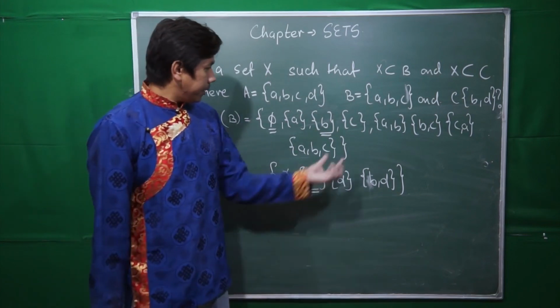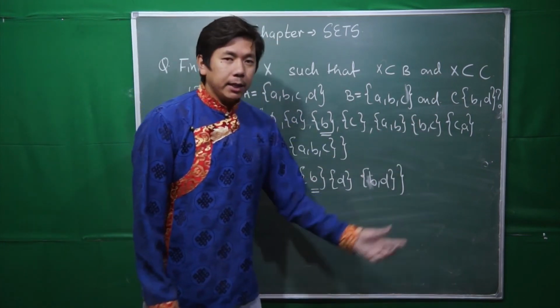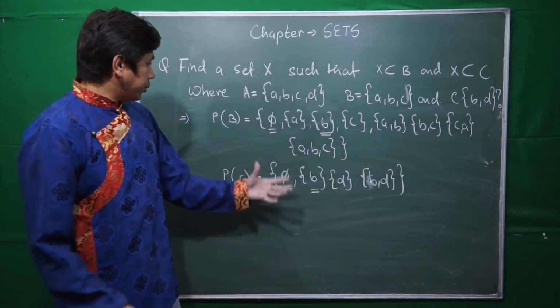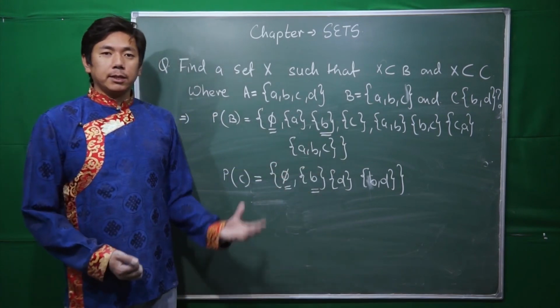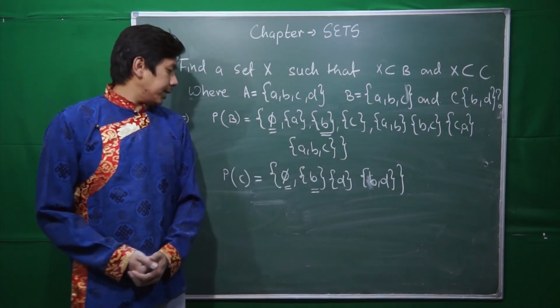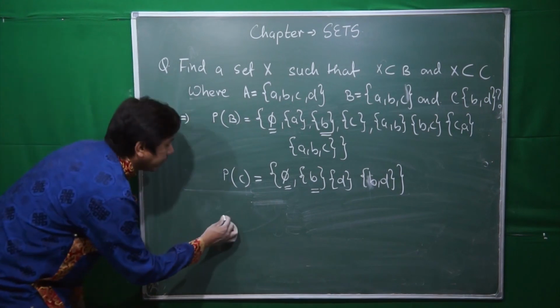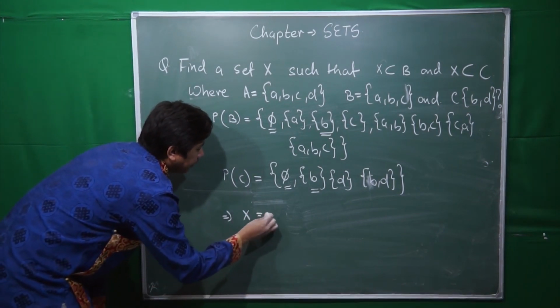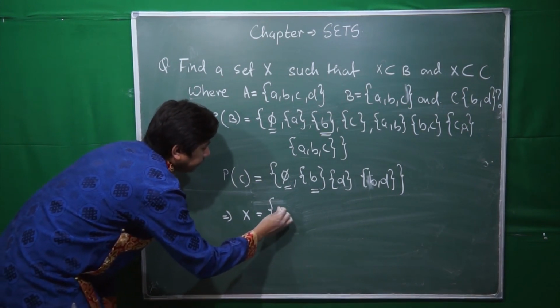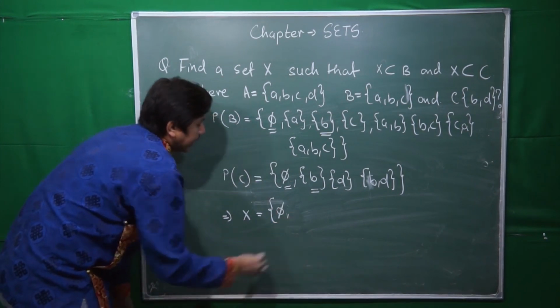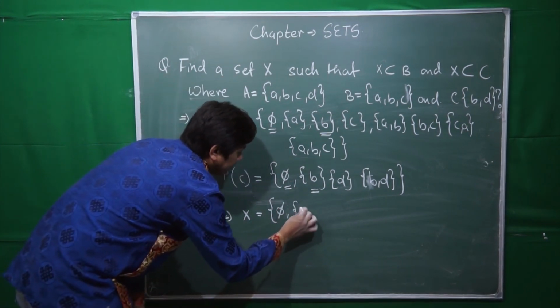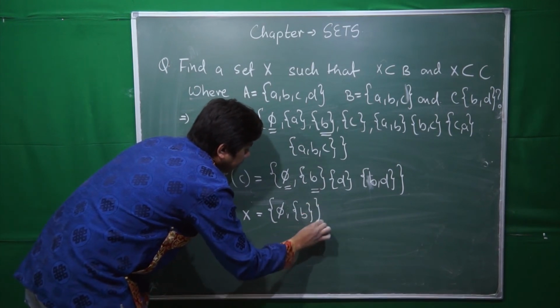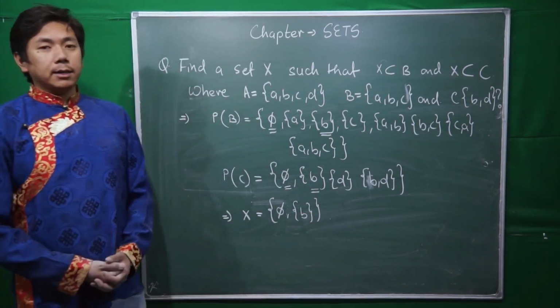Anything else common? As we see, there's nothing else common. So these two are the only parts that are common in both the power sets of B and C. Therefore, we can write set X is equal to a set of null set and set containing B. So this should be the answer.